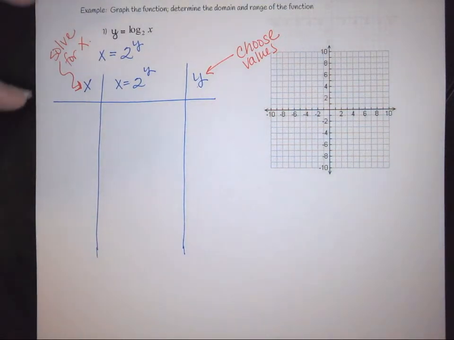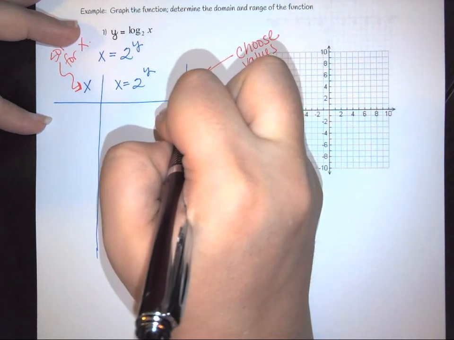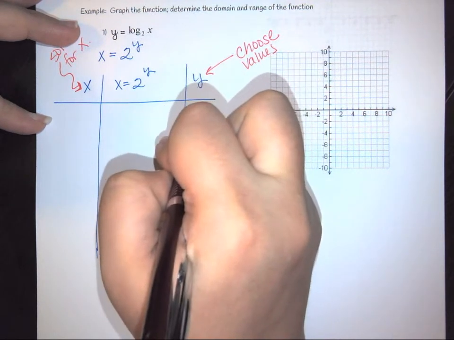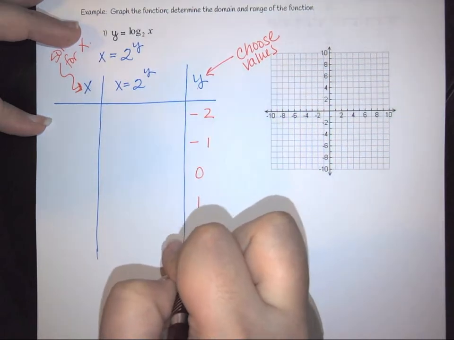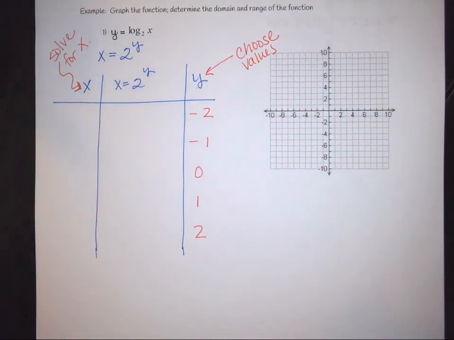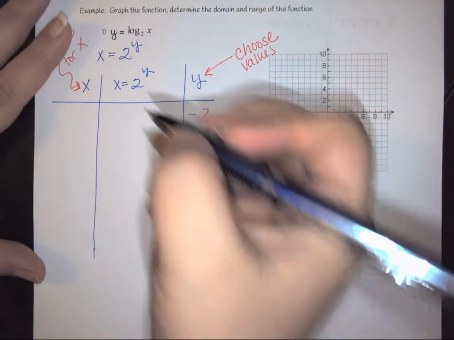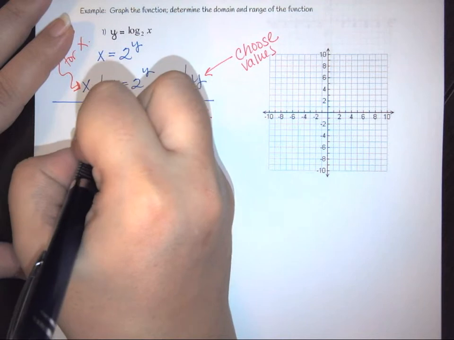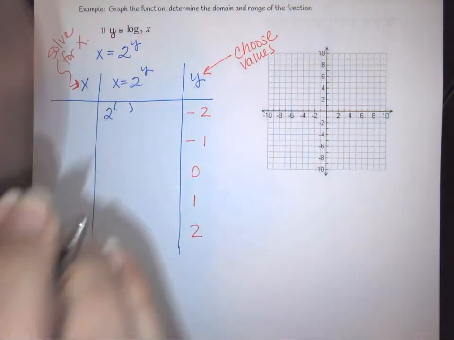So we have to choose my values of y in order to solve for my values of x. So I would make life easy. I might work with -2, -1, 0, 1, and 2. And in doing so, I have this equation I have to solve for. So this is going to be 2, and I have to input my power.